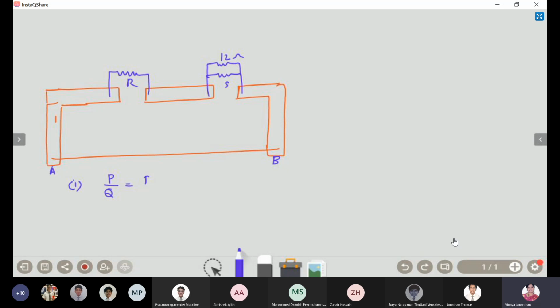P by Q is R by S. What was the balancing length in the first case? L was 40. So P is L, Q is 100 minus L. That was equal to R upon S. Balancing length is 40, so 40 by 60 is equal to R by S. Or I can write 2 by 3 is equal to R upon S.